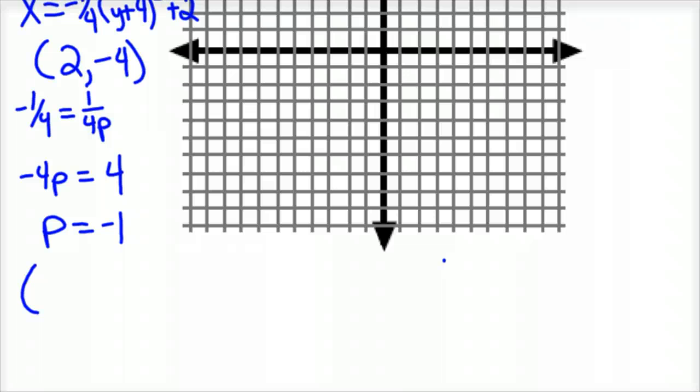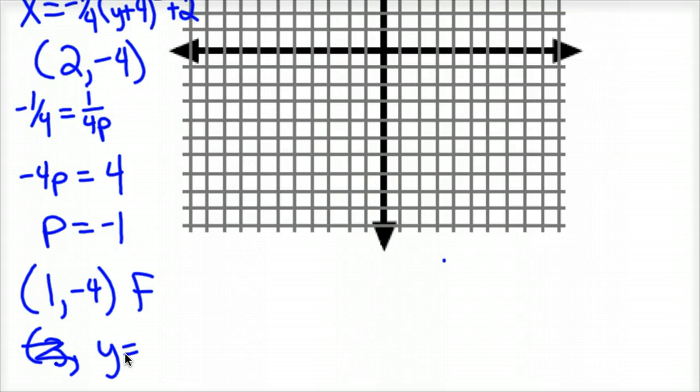So 2 plus a negative 1 is 1, negative 4. That's my focus. And my directrix is h minus p, which would be 2 minus a negative 1, which would be 3, whoops, sorry, not y equals, x equals. Take a look at your notes, x equals 3.